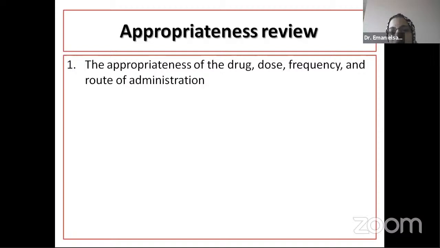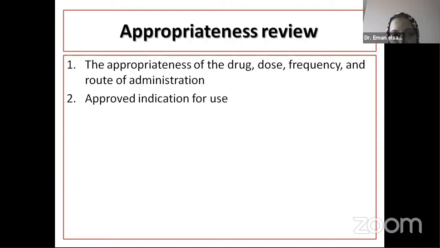So all of these details are needed before we confirm this is the right dose for the medication. Then the frequency. Frequency, dose, route, dilution, all of these details are under the term dosing regimen. Okay, frequency, then the route of administration.